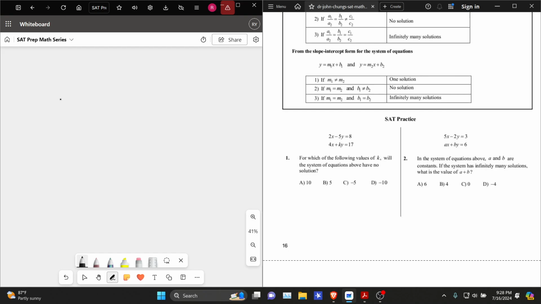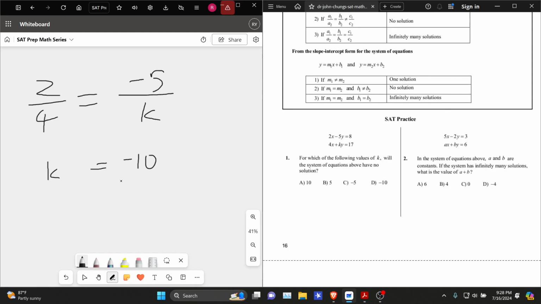So first, this 2 over 4 has to equal negative 5 over k. Now let's solve: 1 over 2 equals negative 5 over k, so k is negative 10.